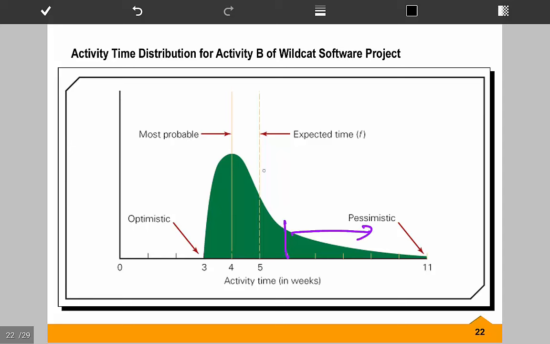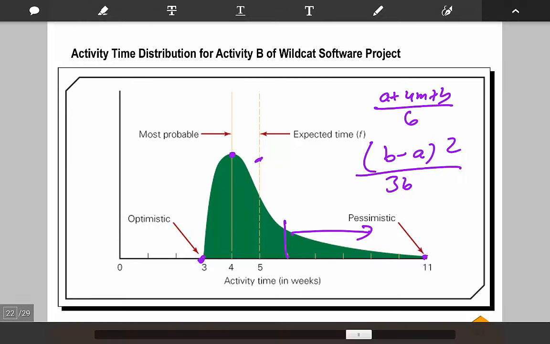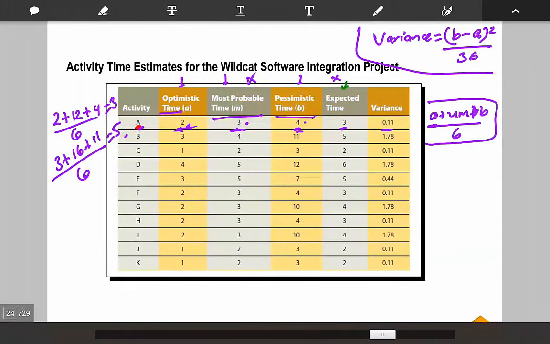In the beta distribution, the mean or expected value is given by A plus 4M plus B, or 1 part optimistic, 4 parts most probable, and 1 part pessimistic, divided by 6. Obviously, the variance is given by (B minus A) squared divided by 36. So people have found that when we have to quote optimistic, pessimistic, and most likely views, our estimates follow a beta distribution.